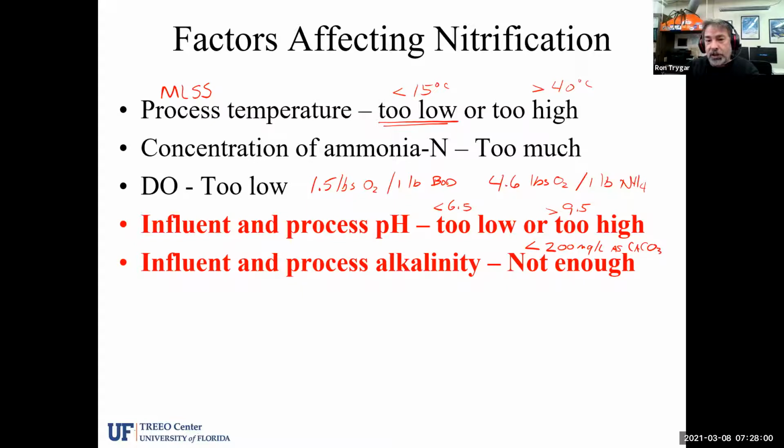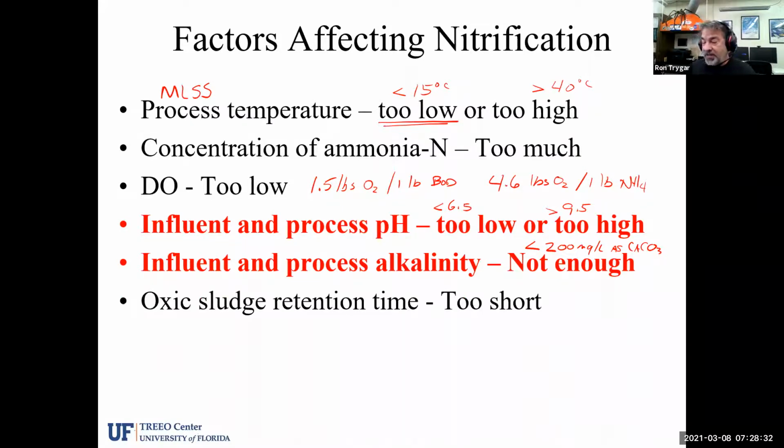If we're too low, then we may have a problem, especially if we have a lot of ammonia coming in that has to be converted into nitrate. So we want to make sure we have enough alkalinity matched up. And by the way, we always want to have some alkalinity left at the end of the process so that we don't have pH problems downstream, especially if we're using gas chlorine as our disinfectant. We certainly don't want to have a pH drop because we're adding an acid to the water, and if there's no alkalinity there, the pH will drop.